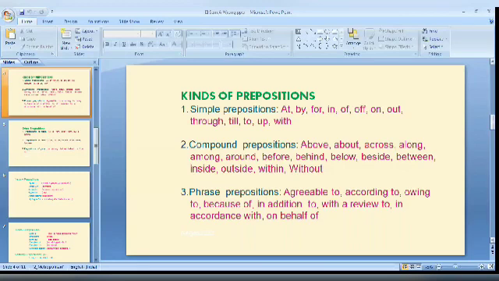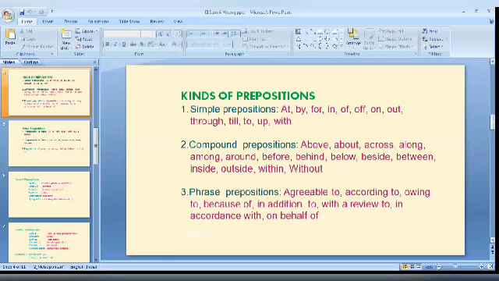For example, above, about, across, along, among, around, before, behind, below, beside, between, inside, outside, within, without are some of the compound prepositions.